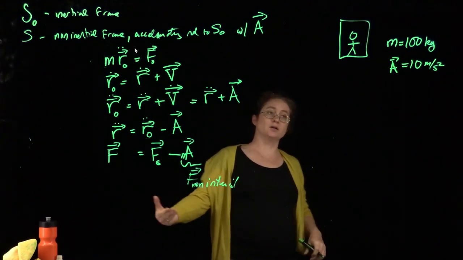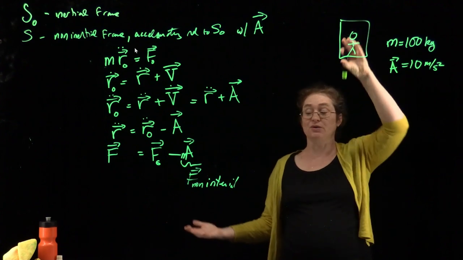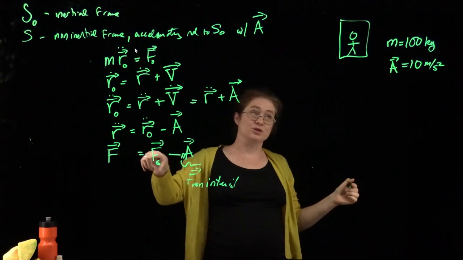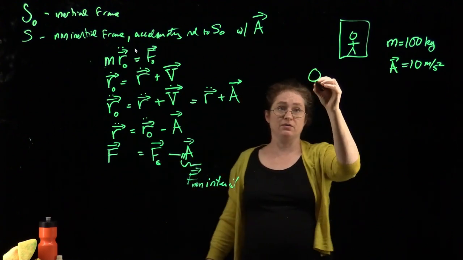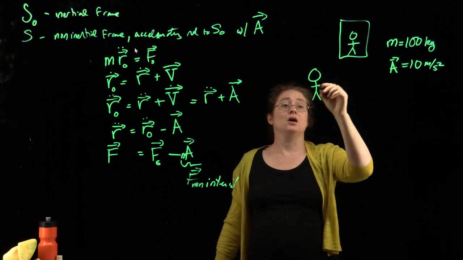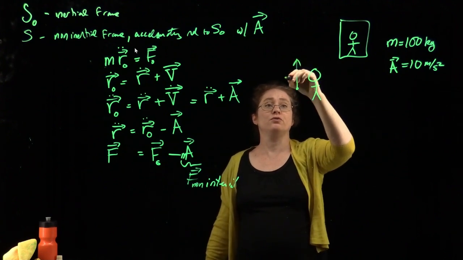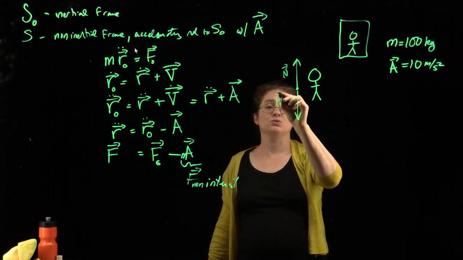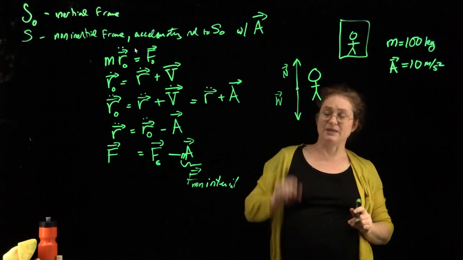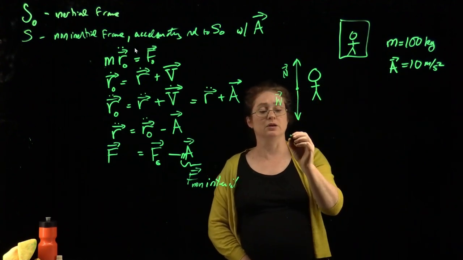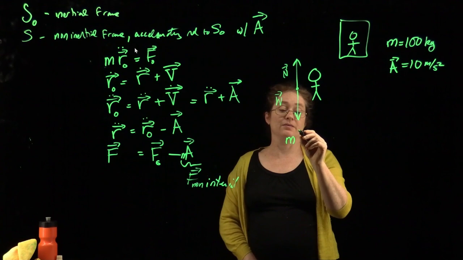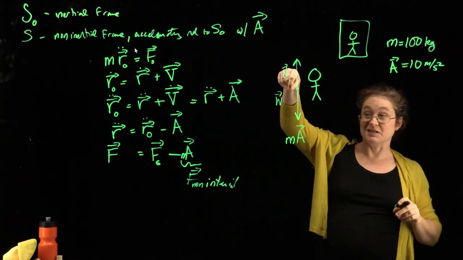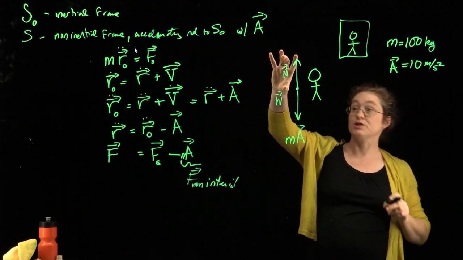So if you are on the elevator and you're weighing yourself on the elevator, of course, if you draw a free body diagram, you have a normal force due to the floor of the elevator. You have your actual weight. There's a few ways that you can do this. So your mass times your acceleration. Now, if you're on a scale, what the scale reads is the normal force.